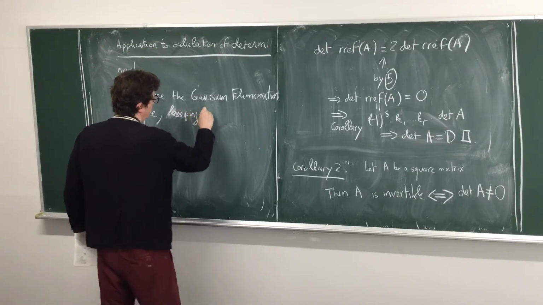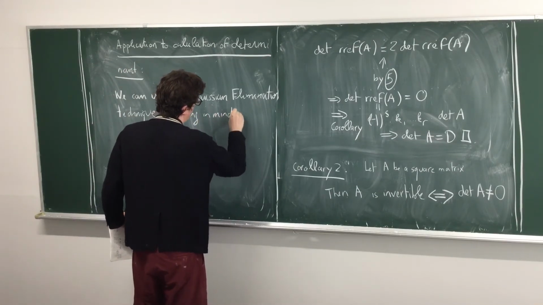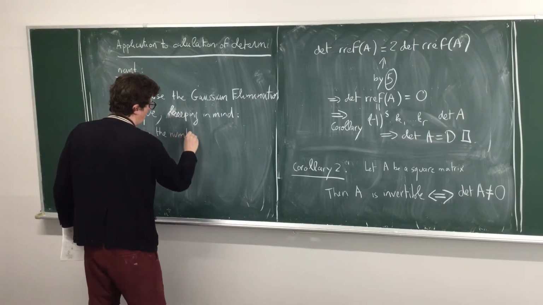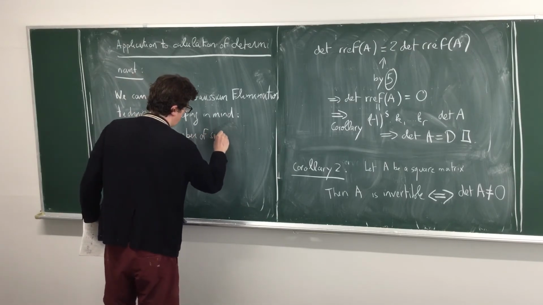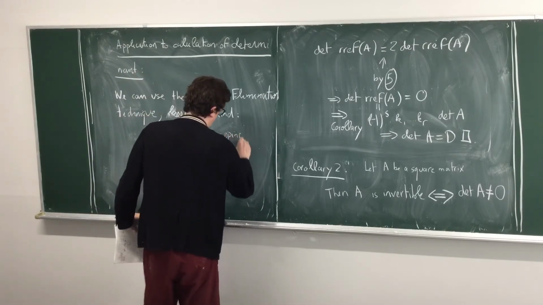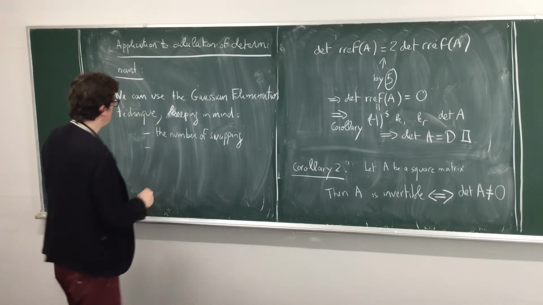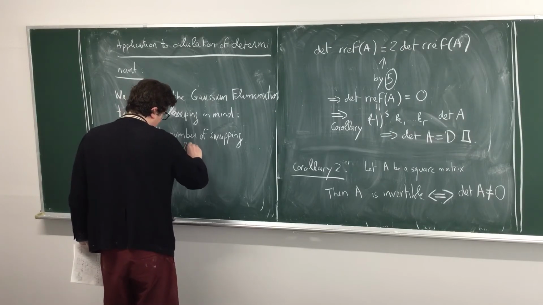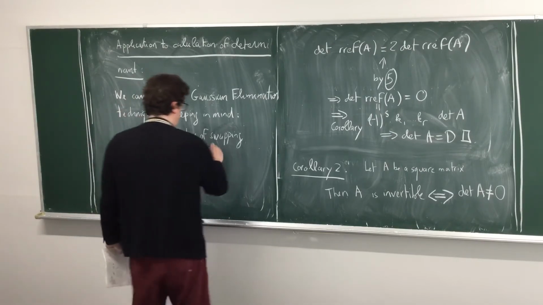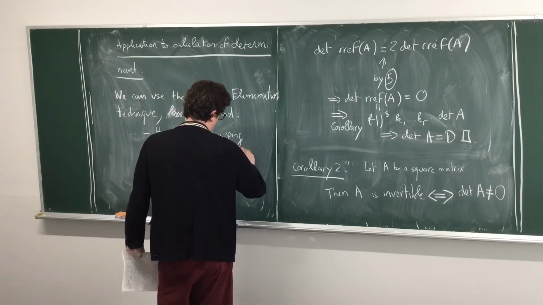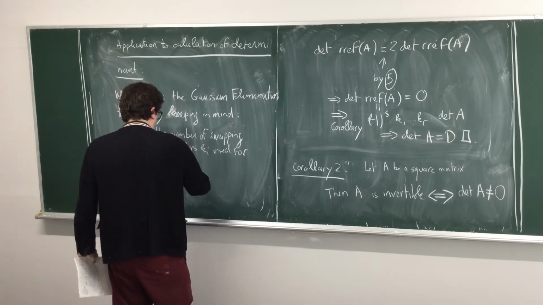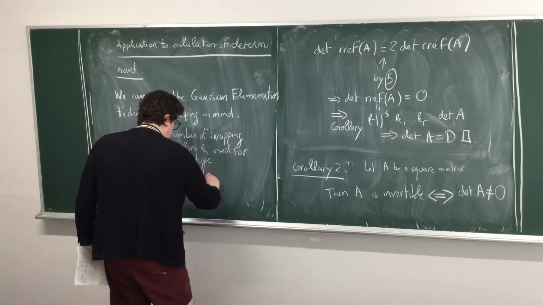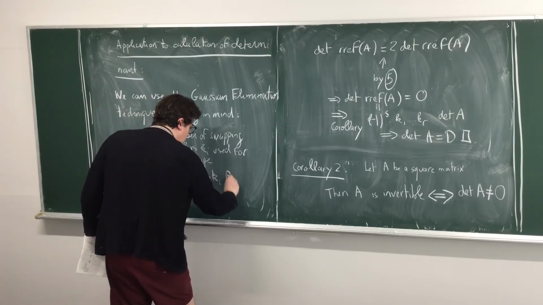Keeping in mind the number of swappings, and also we need to remember the scalars Ki used for operations of type Ri changed to Ki times Ri.